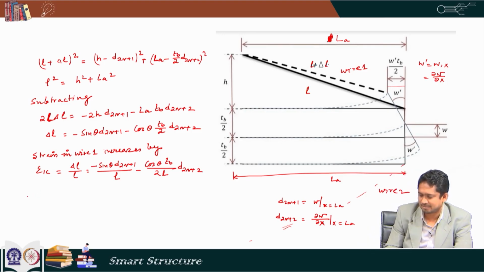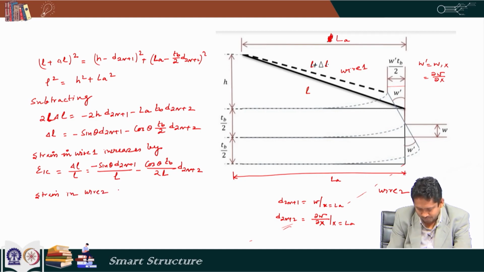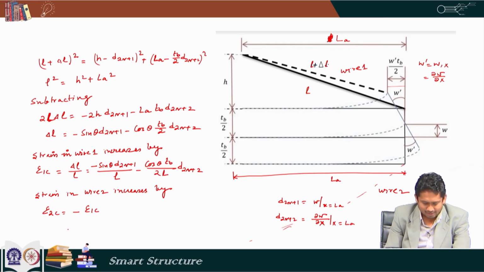Because they are symmetrically placed, the amount of strain would be the same here, but opposite: if this is experiencing a negative strain, this would experience a positive strain, it will try to increase in length. So, strain in wire 2 increases by epsilon 2 c, which is equal to minus of epsilon 1 c. Now, let us define epsilon 1 c equal to epsilon 2 c equal to epsilon c.